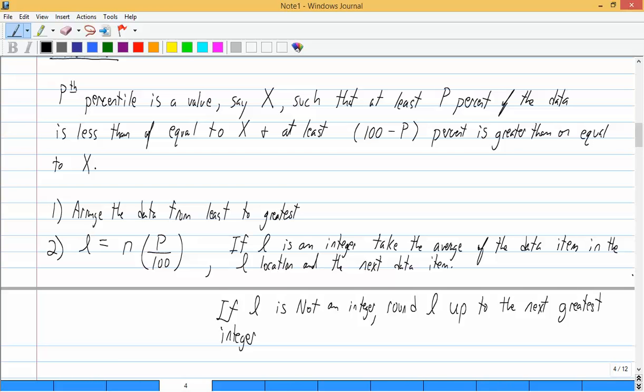And find the data item in that new Lth location.